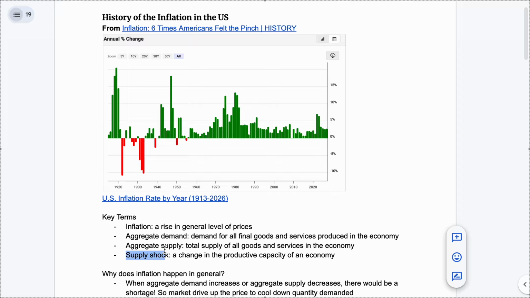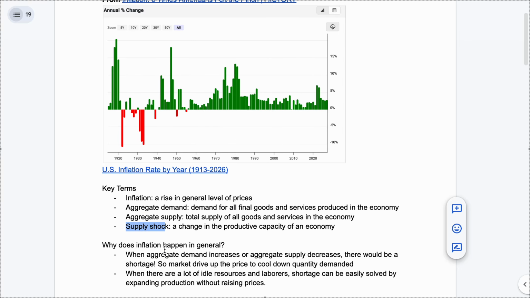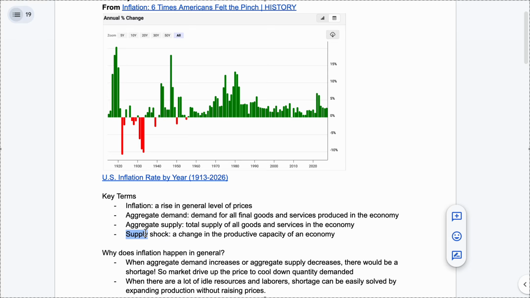They're fully utilizing all the resources available, and the output, the GDP that they can produce, is bigger than before. That is a positive supply shock, and we're going to look at this in detail.